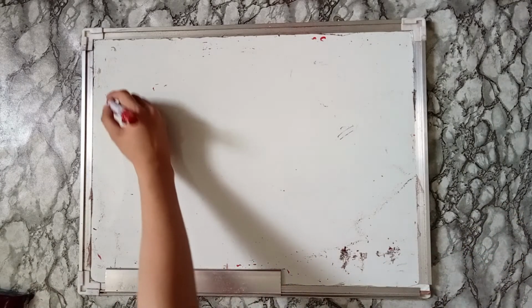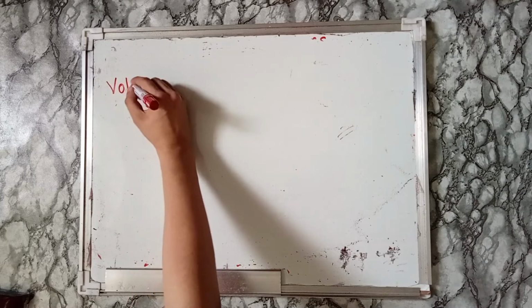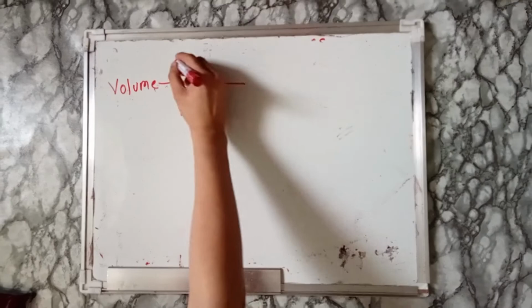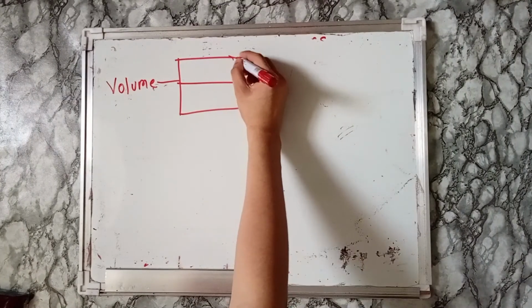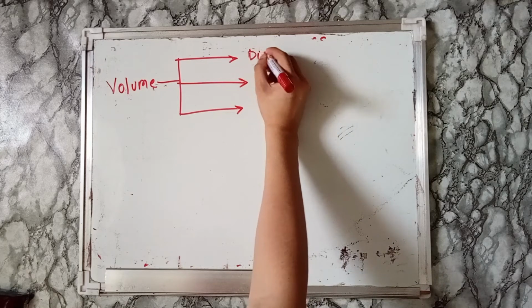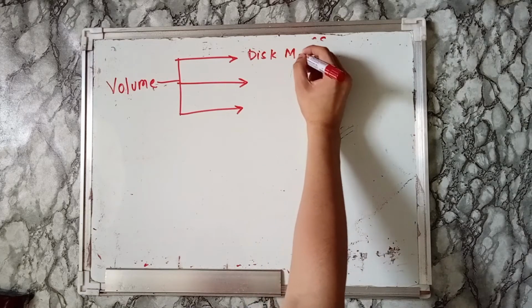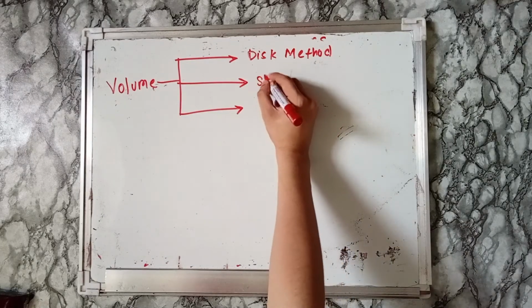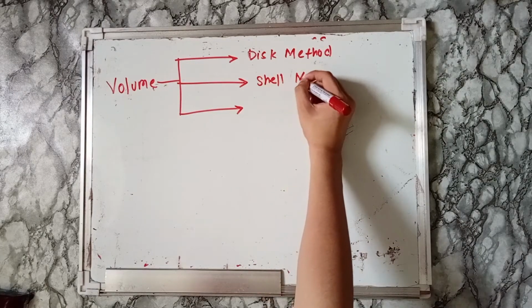So in volume we have three methods. The first one is the disk method. The second one is the shell method.